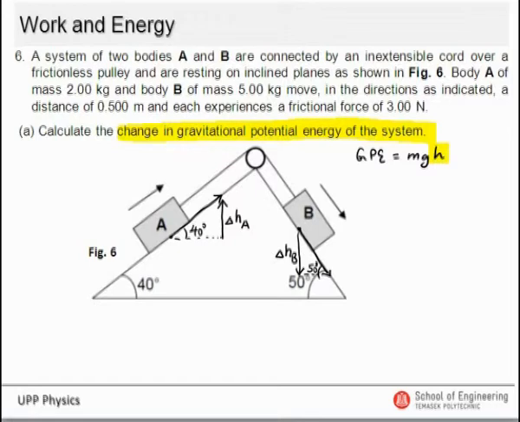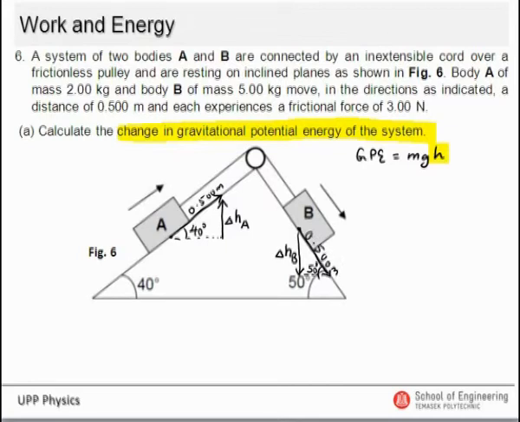Yes, by using a simple trigo function. Now, we know that the hypotenuse of this triangle is 0.500 meter. The same goes for body B, this one 0.500 meter.